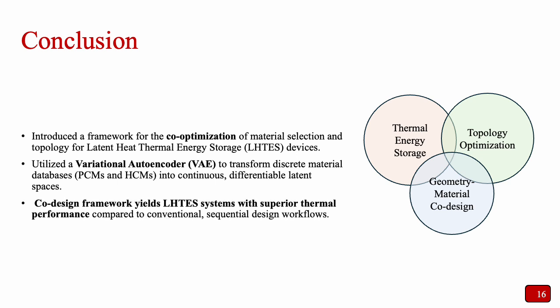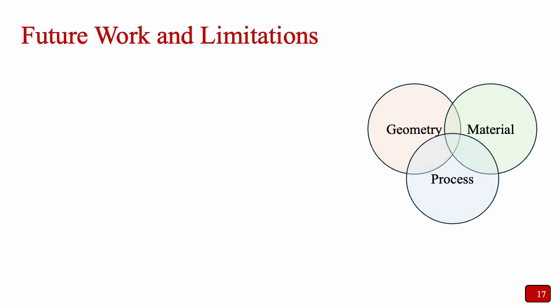And third, the results demonstrate that this co-design framework yields LHTES designs with superior thermal performance compared to conventional sequential design workflows. We are actively extending this work in several key directions.